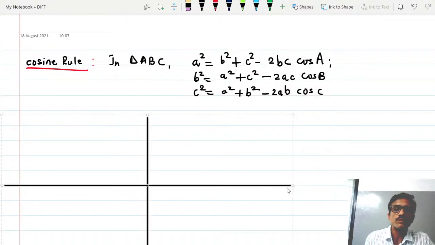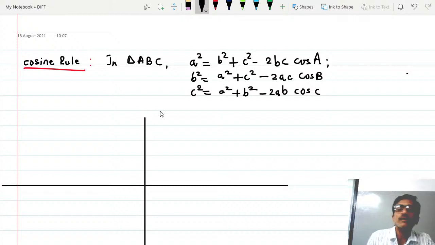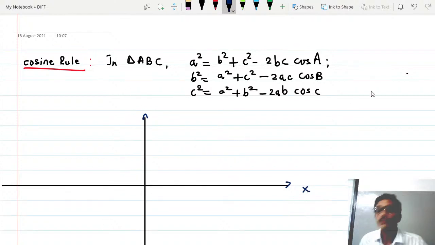For this we do some geometric construction. Consider triangle ABC.